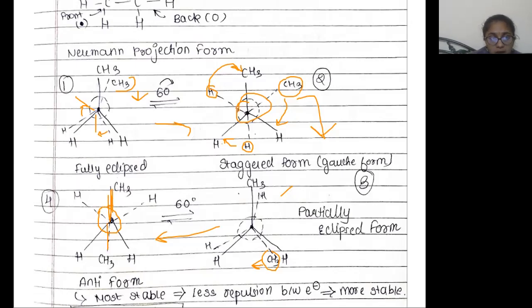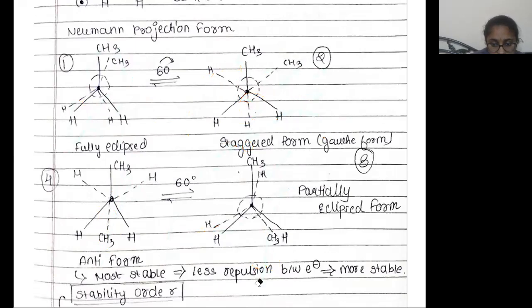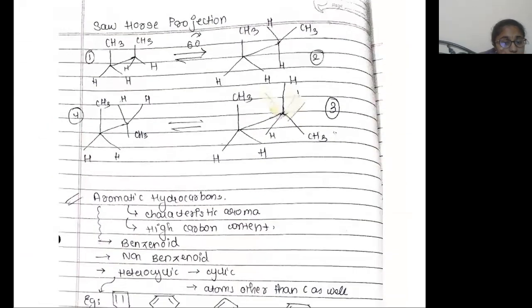Both the CH3 groups are now in opposite directions, which you will understand better in the Sawhorse projection. So this is the Sawhorse projection.